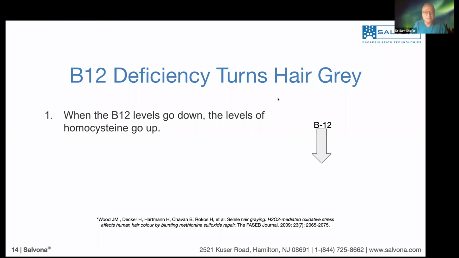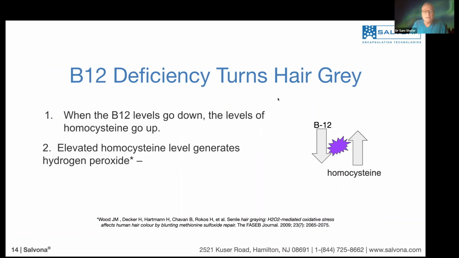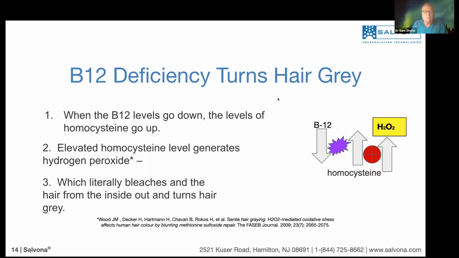Now, how does it work? What happens is this. The level of B12 goes down, and at the same time, homocysteine goes up. Together with homocysteine going up, hydrogen peroxide also goes up. Hydrogen peroxide is able to bleach the melanin, and as a result, we see gray hair.